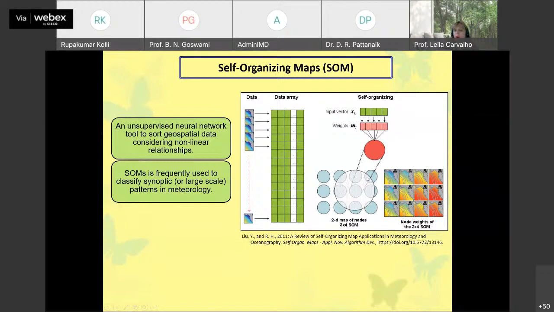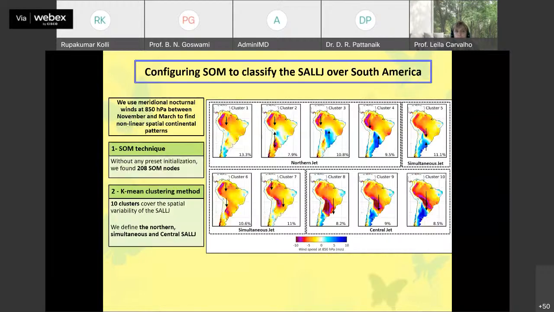And then the method finds maps or nodes that we recognize, based on weights, as being different patterns. I'm not going to go through this methodology. If you have more questions, I'll be happy to answer. But this methodology actually gives 208 nodes, which is a lot.